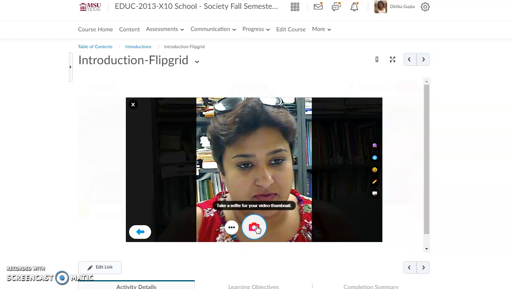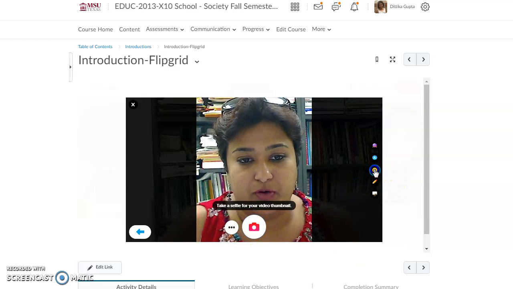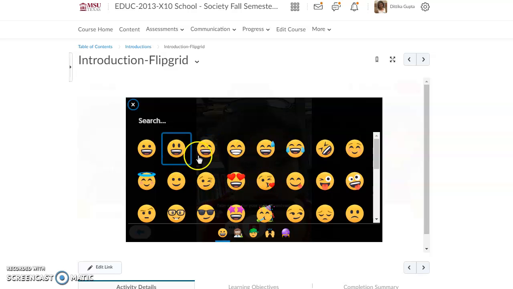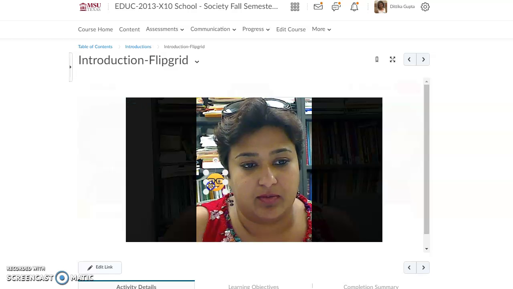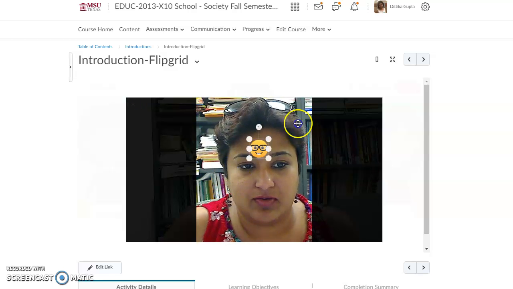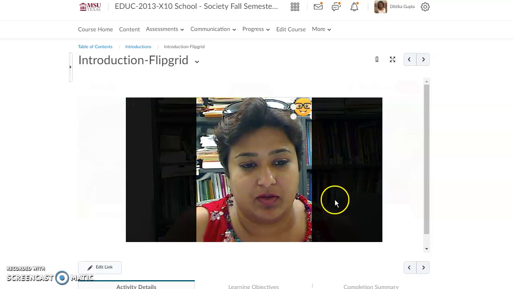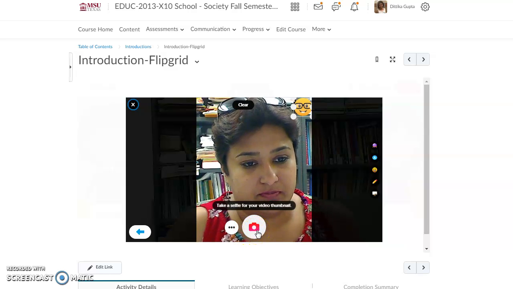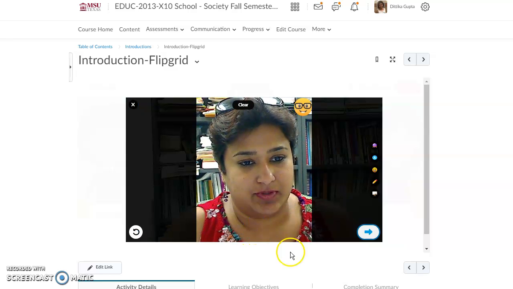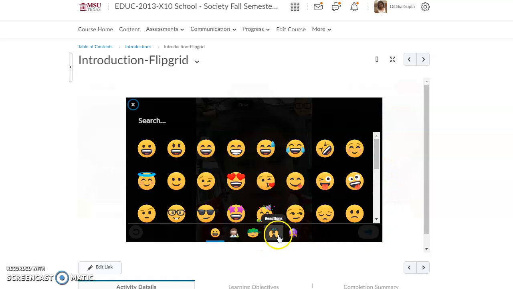I can take a selfie here. I can put any of the emojis that I want, and I can move these emojis around. So I took a selfie, and you can add anything.